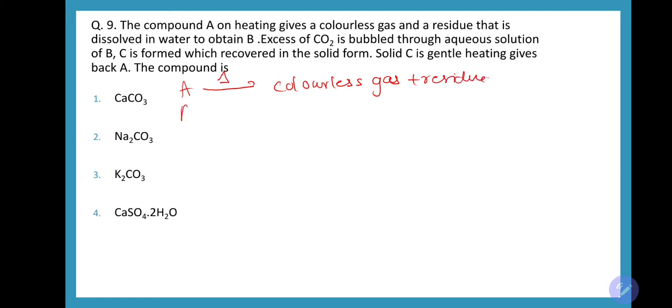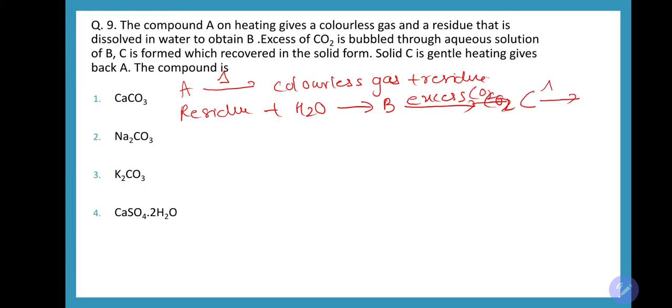And this residue is dissolved in water to give B. In this B, excess of carbon dioxide will form C. And C on heating is going to recover A again. This is only possible in the case of calcium carbonate.